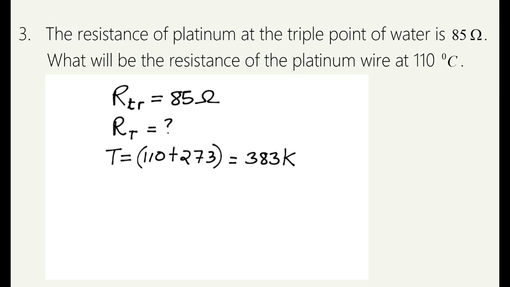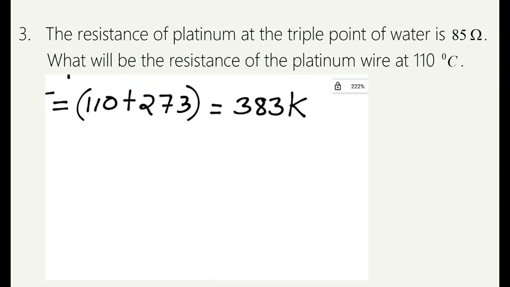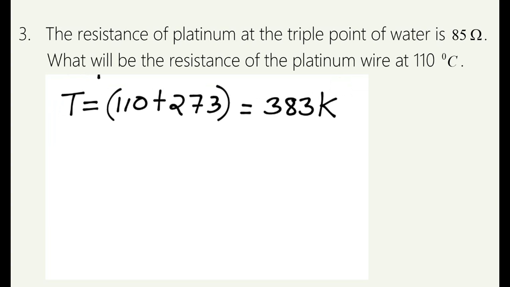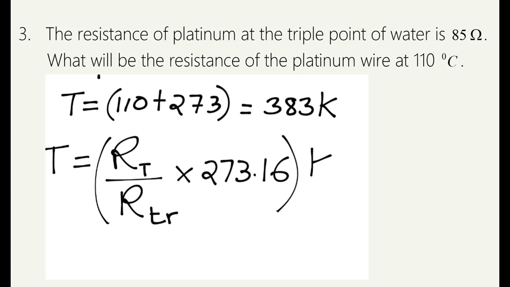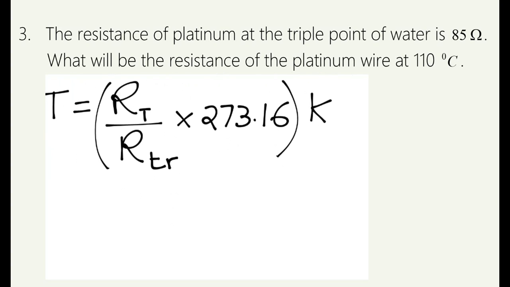Then remember our formula. If we know the formula, life becomes easy. We were told that T equals the thermometric property at that temperature you're looking for over the thermometric property at the triple point, which is now for us the resistance over RTR, then the whole thing you multiply by 273.16, and what you get will be in Kelvin.